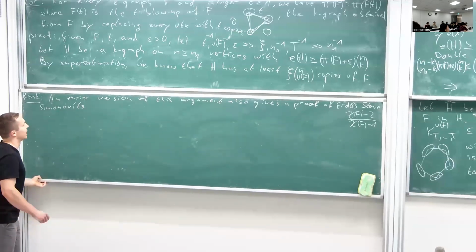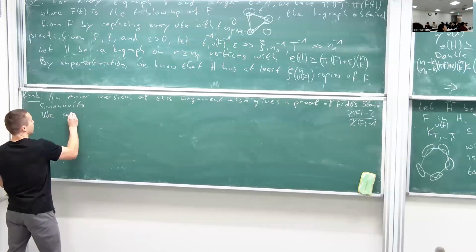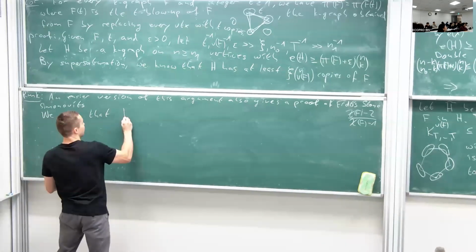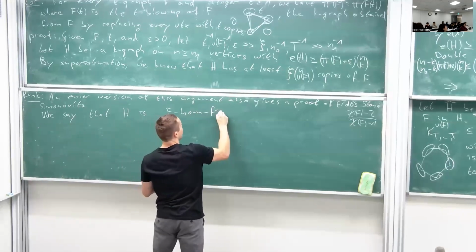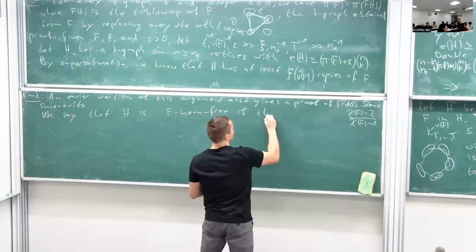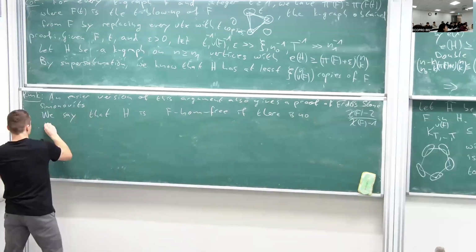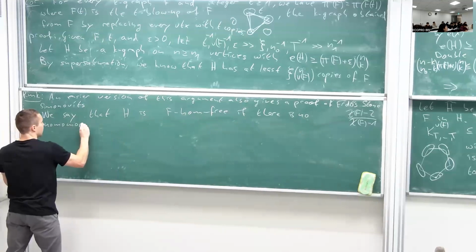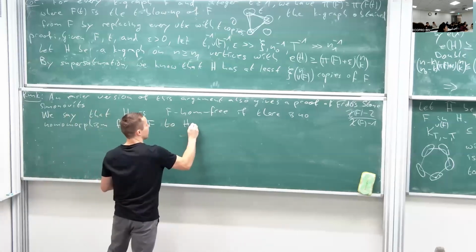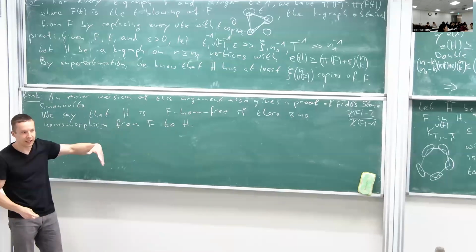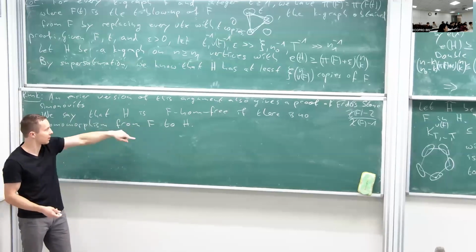Okay, the other remark here is, so we say that some K-graph H is F-hom-free if there's no homomorphism from F into H. And then, of course, we can define our extremal number in the same way as we defined the extremal number before, and then we can define the Turán density with respect to this.